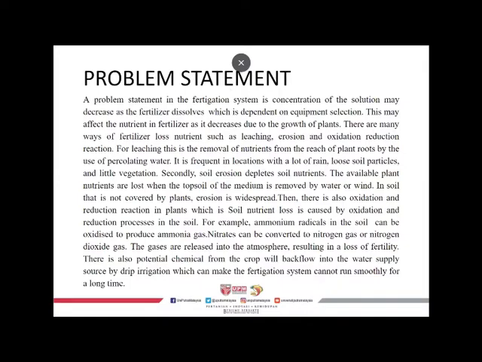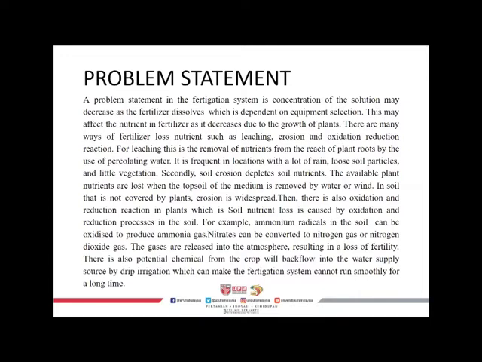Okay, the problem statement is that in the fertigation system, the concentration of the solution may decrease as the fertilizer dissolves, which is dependent on equipment selection. This may affect the nutrient in fertilizer as it decreases due to the growth of plants.